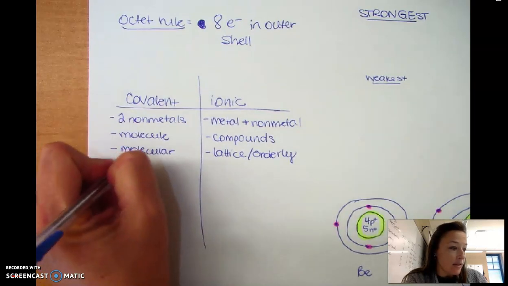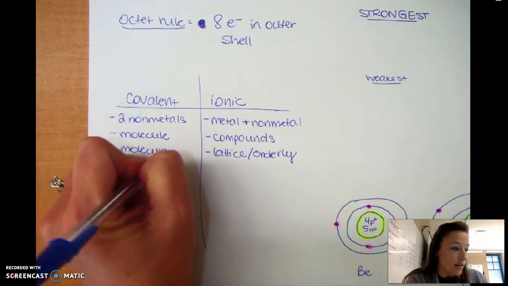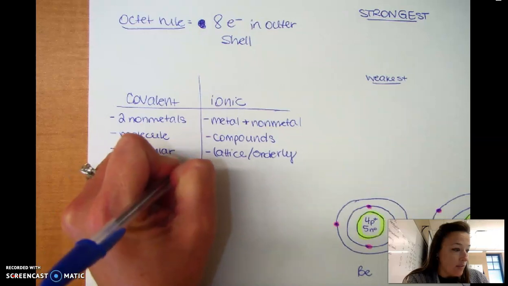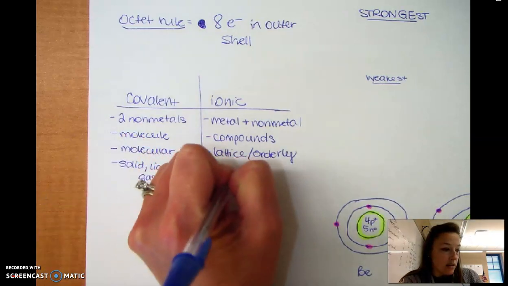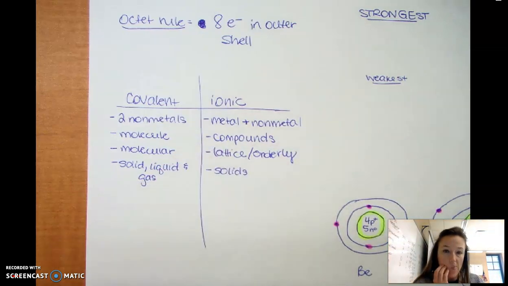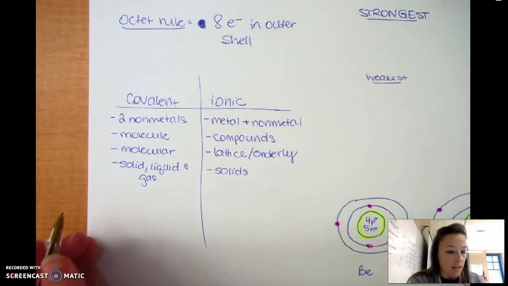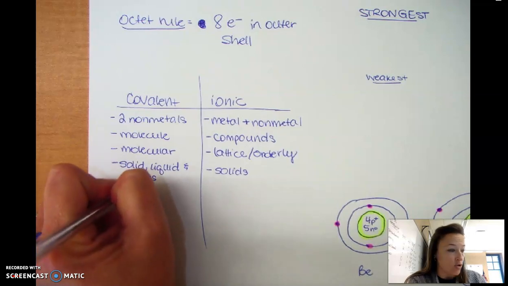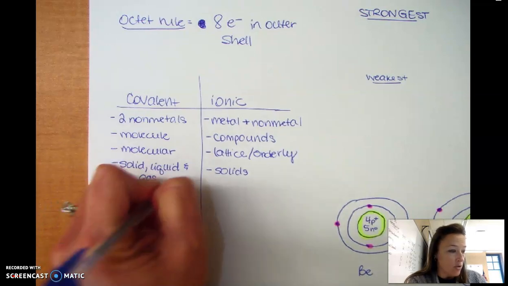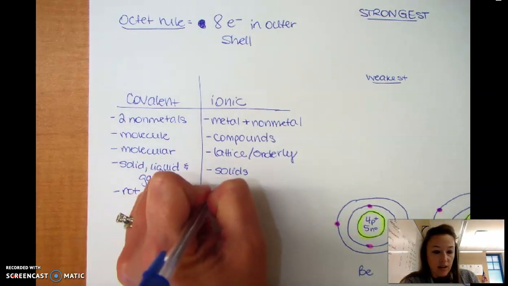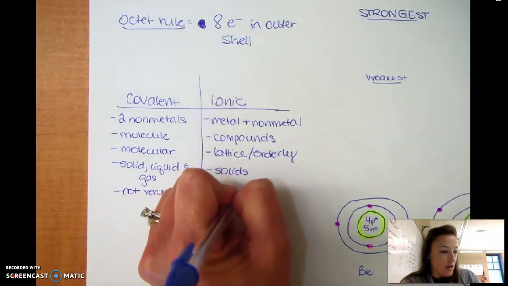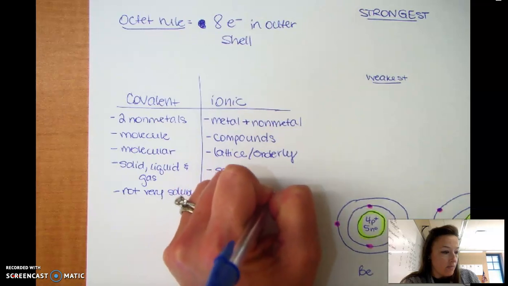Covalent, you can find them as a solid, liquid, or gas, so they don't really have a preference, whereas ionic tend to be solids. Okay. Covalent, they are not very soluble. You can try, and sometimes you can get them to dissolve some, but they're just not. And ionic are highly soluble.